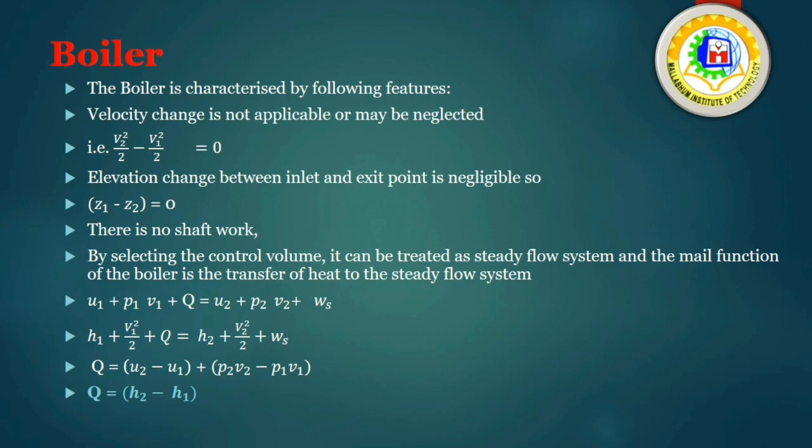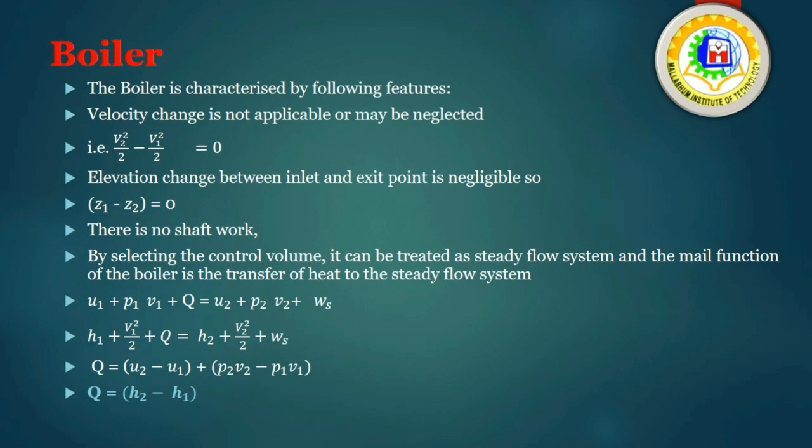Velocity change is not applicable or may be neglected, so the kinetic energy is 0 in this case. Elevation change between inlet and outlet is also negligible, so that is 0, and there is no shaft work, so WS is also 0.